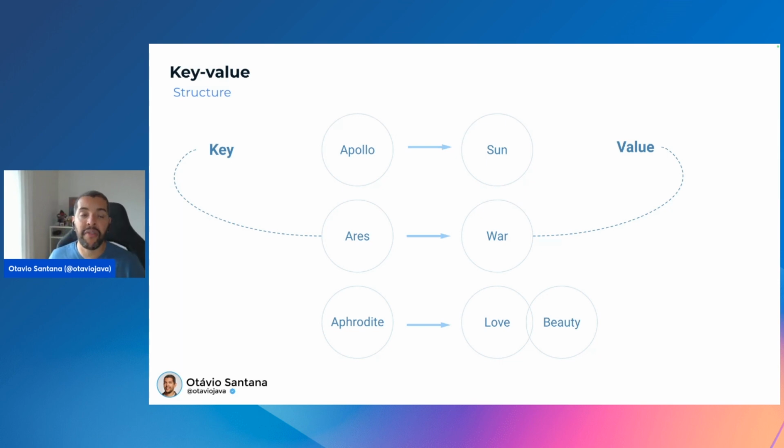If you are familiar with Java, you might know Map, where I have a key, and based on that key, I can retrieve information, and this information counts as a unique piece of information. And that's exactly what you have with the key value database. So I have my key, I will retrieve information only by the key, and based on that, I will return the value as a unique blob value.